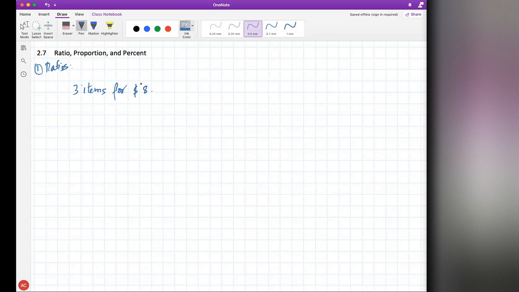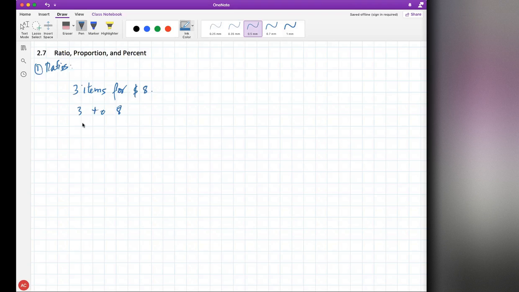So 3 for 8. So 3 for 8 is what we call a ratio. So we can say 3 for 8 or 3 to 8. 3 to something. So a number related to something else.